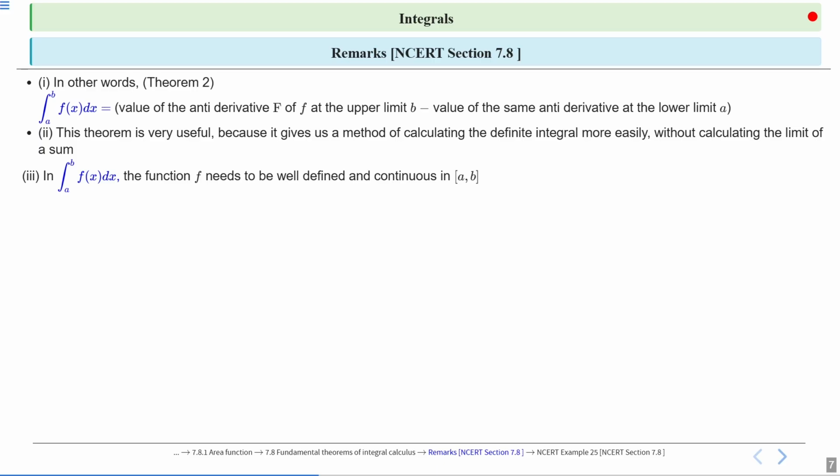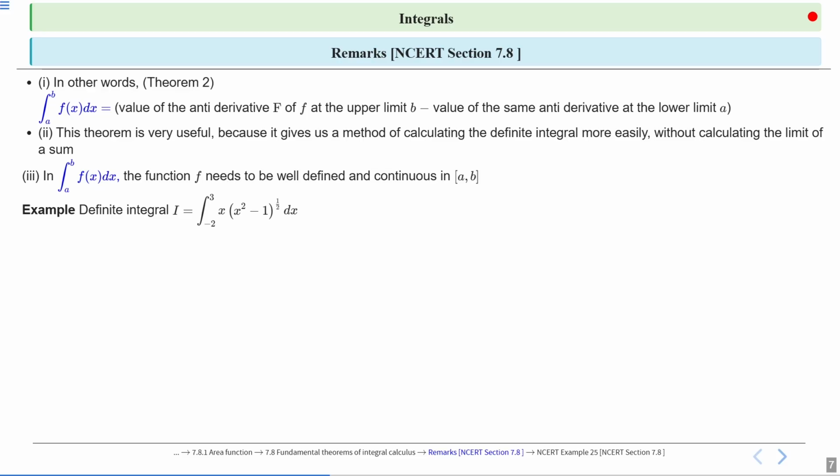It means it should be defined on the whole domain and continuous in [a, b]. So what is the meaning of well defined? For example, we have to calculate the definite integral I from minus 2 to 3, that is, the lower limit is minus 2 and the upper limit is 3, of the function f(x) equal to x times (x squared minus 1) to the power 1 by 2 dx.